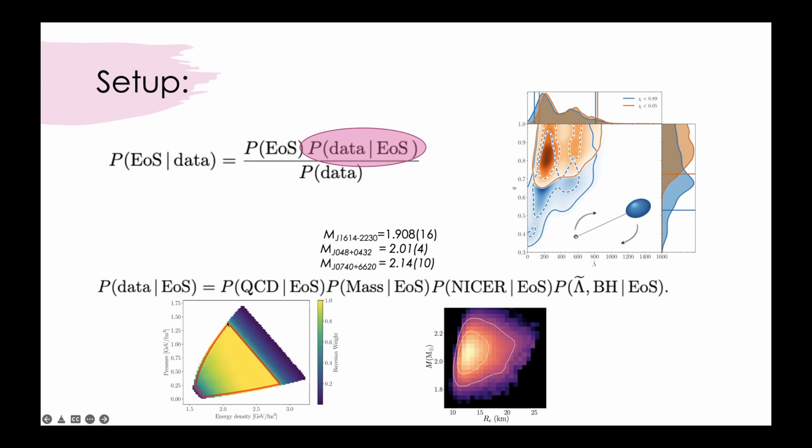The diamond shape that I showed in the previous slide is the red one here, but there's a little bit of leakage out of that shape because of the scale variation uncertainty of the results.